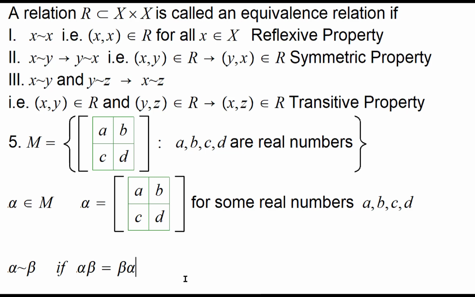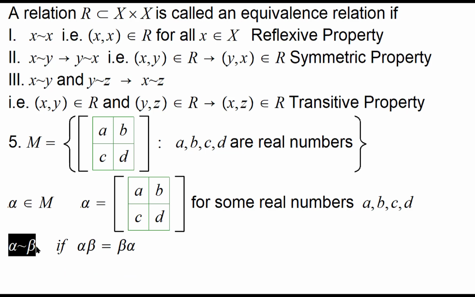So notice this, it's not really hard to check: take any matrix alpha. Alpha is related to alpha because if we multiply alpha with itself, it's going to commute with itself.